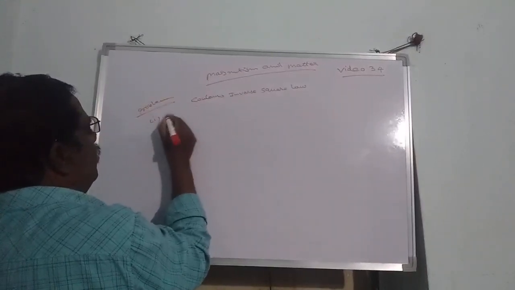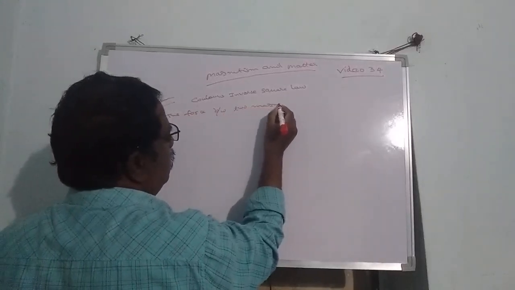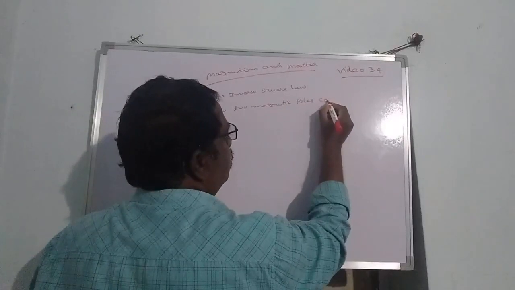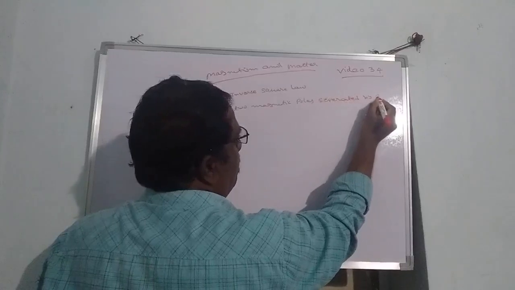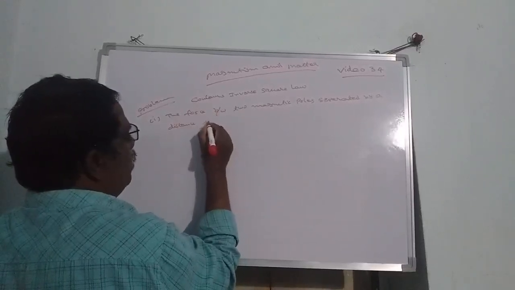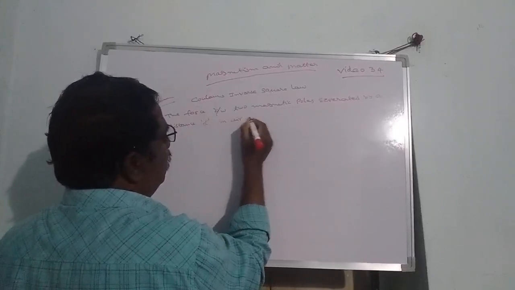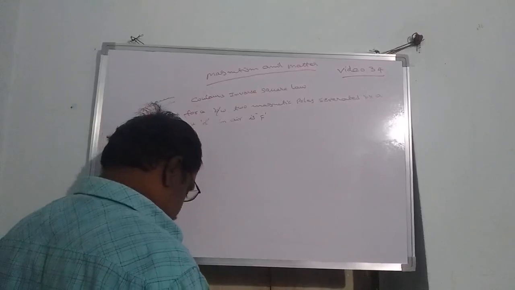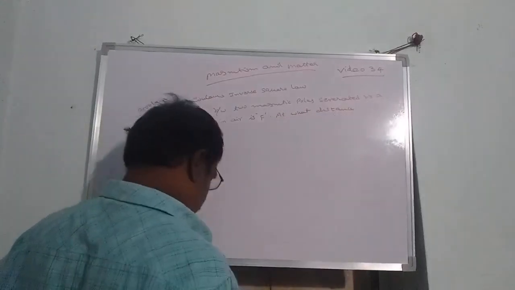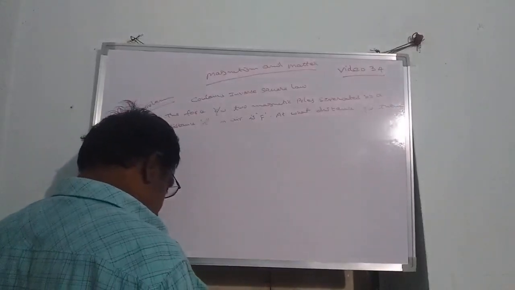Problem. Force between two magnetic poles separated by a distance small d in air is F. At what distance between them does the force become doubled?